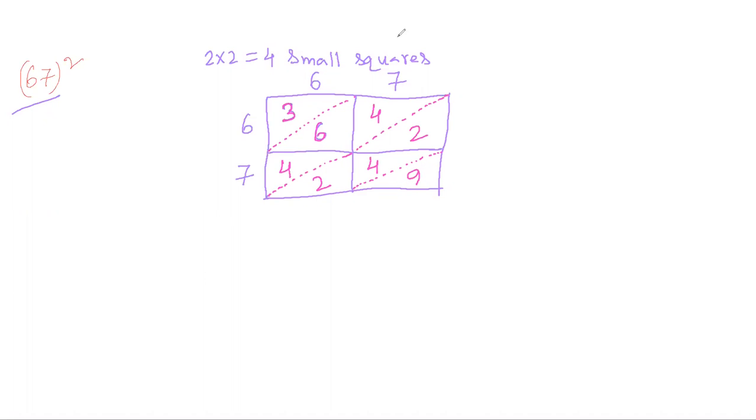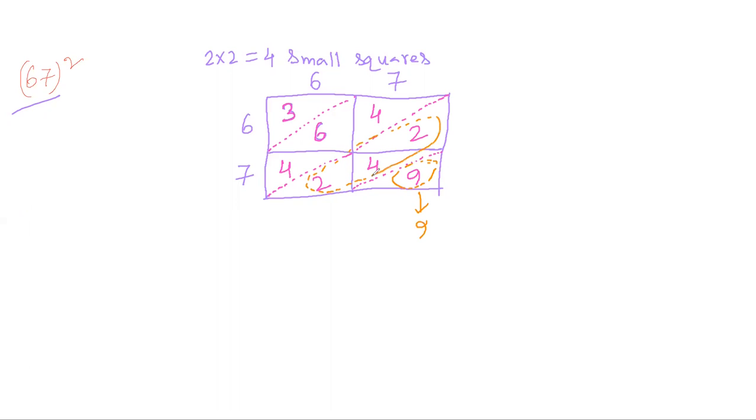Now along these I'll take the number. Here only one digit is there, that is 9. So that 9 I will take. Now I will take the numbers along this.